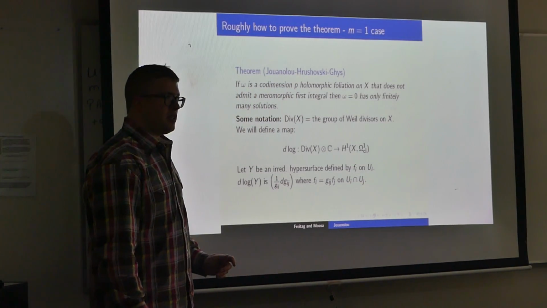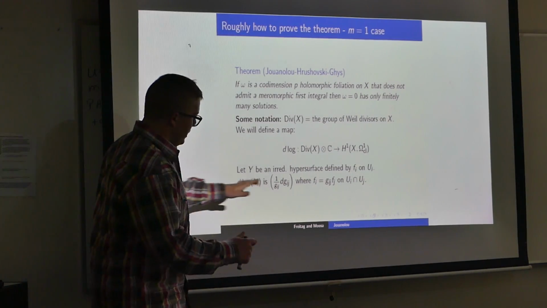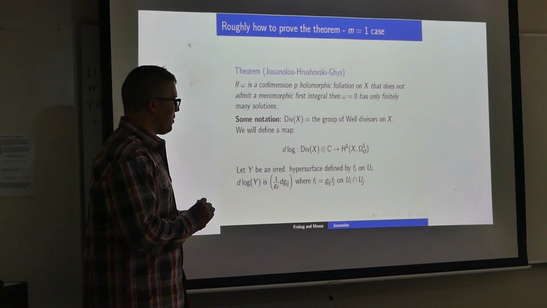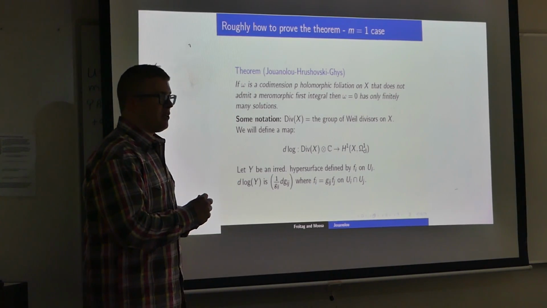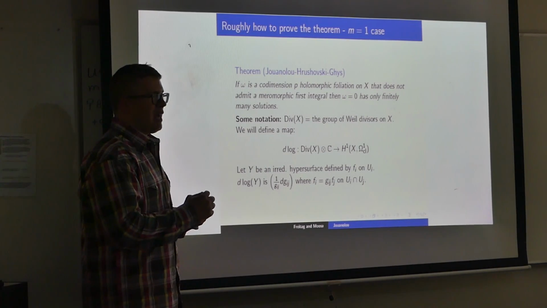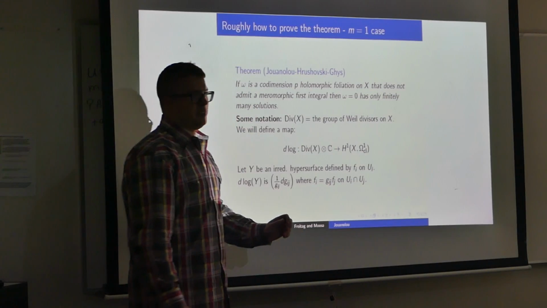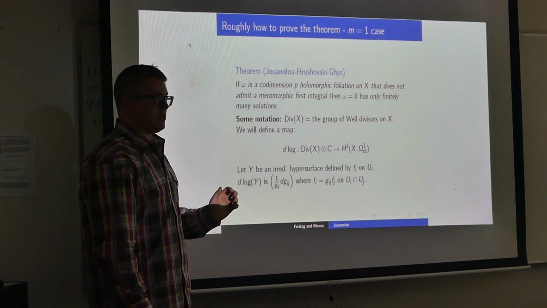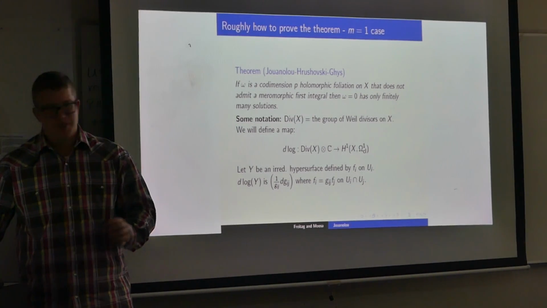These g_ij's are different than your old g_ij's. Sorry, formerly there were some g_ij's which appeared as transition functions of omega. These g_ij's are transition functions for the functions that define my hypersurface.